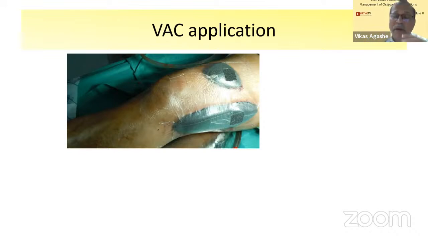If you directly apply VAC foam to the medullary cavity, granulation tissue can go in and it would be impossible to take out the foam. So you must have a wound contact layer, either a burn mesh or paraffin gauze.